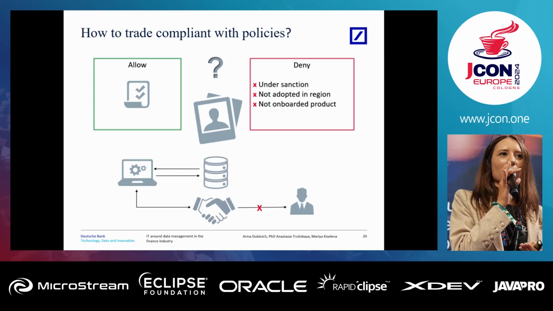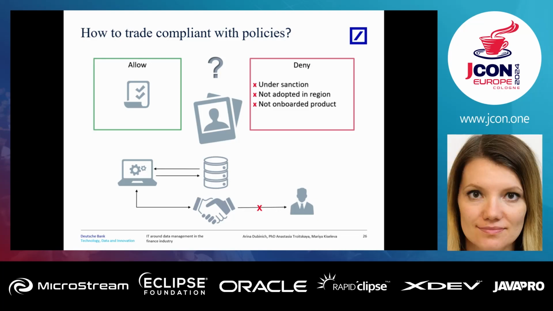This data is monitored on a daily basis by operations teams and validated. On top of this, we built a service that could rapidly respond whether it is allowed to trade with a client or not.